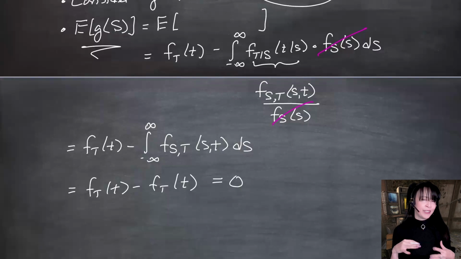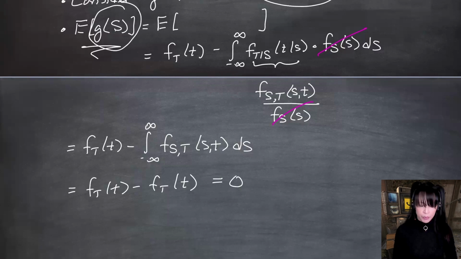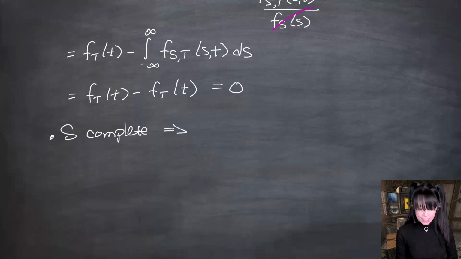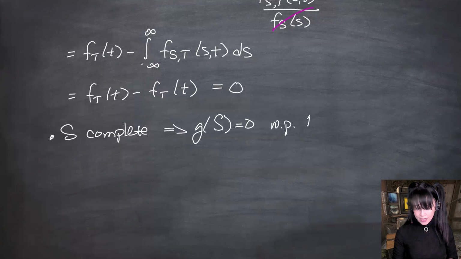Now S is not only sufficient, but complete. And this means that this G of S is going to be 0 with probability 1. So S being complete implies that G of S is 0 with probability 1.